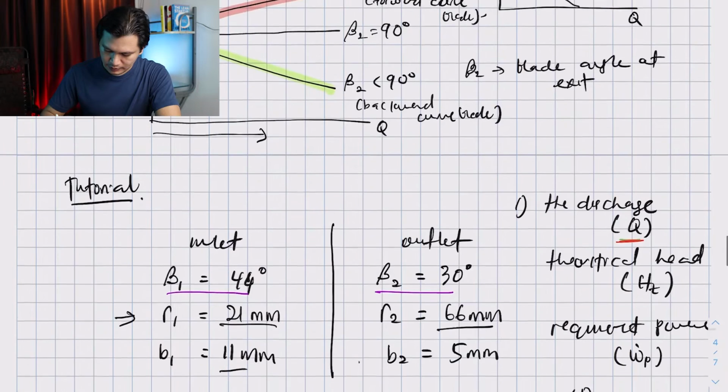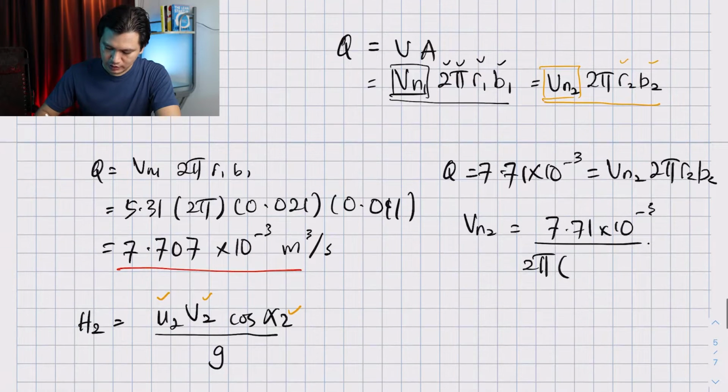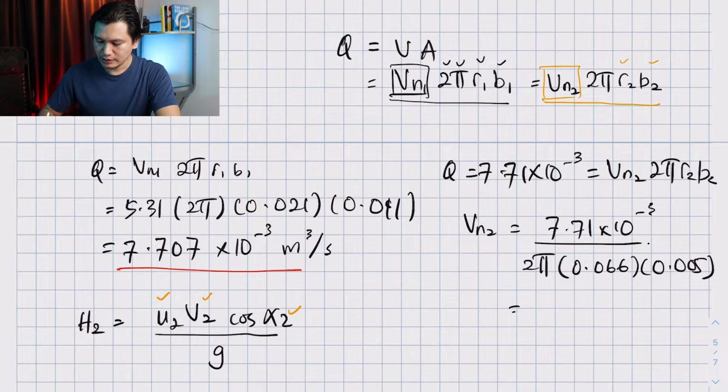R2 is 66 millimeter and B2 is 5 millimeter. So this is 0.066. This is 0.005. Okay, and you end up with Vn2 equal to 3.72 meter per second.